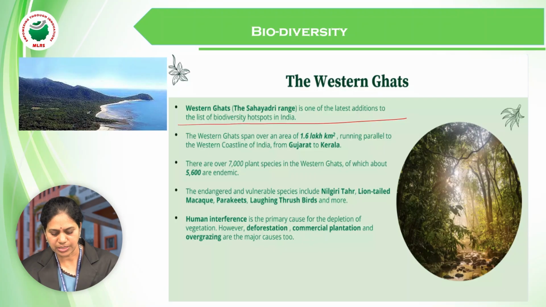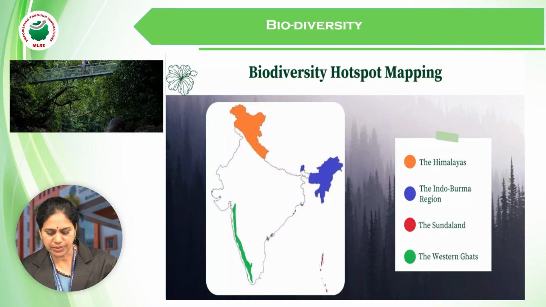This is towards the southern side, where we have huge varieties of life, so it is also termed one of the hotspots of our country. Now, when we are talking about mapping, you can see here the Himalayas.